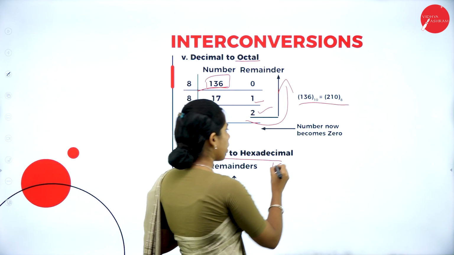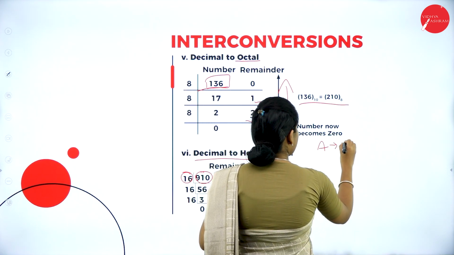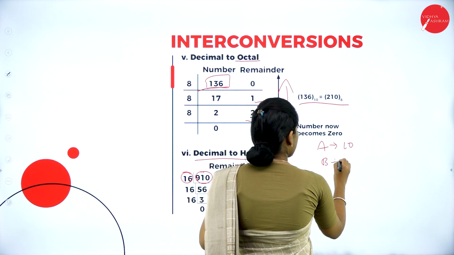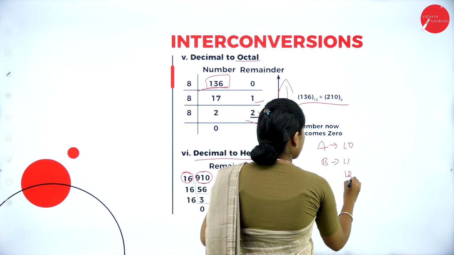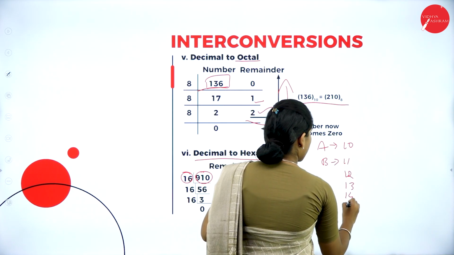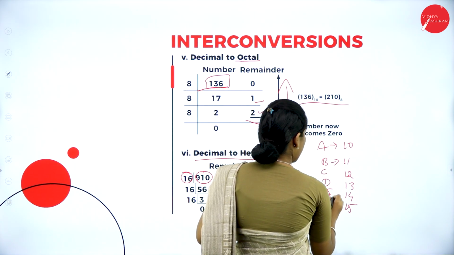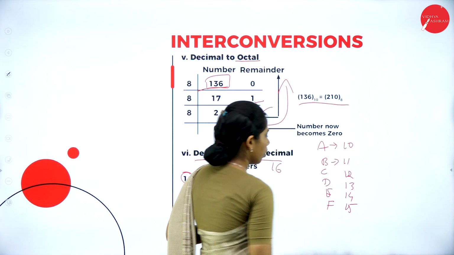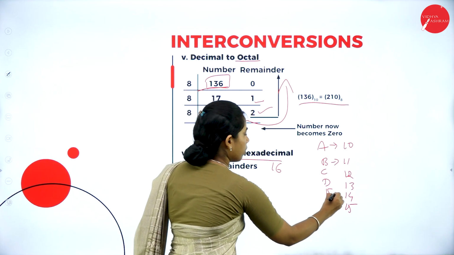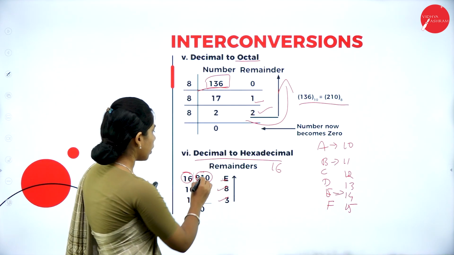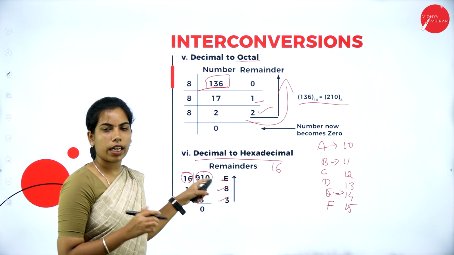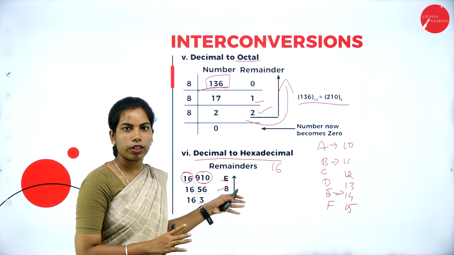In hexadecimal, we already know A is 10, B is 11, C is 12, D is 13, E is 14, and F is 15. So what is my E value here? Here you can say 14. So the remainder is 14 here, so in hexadecimal I can write 14 as E.